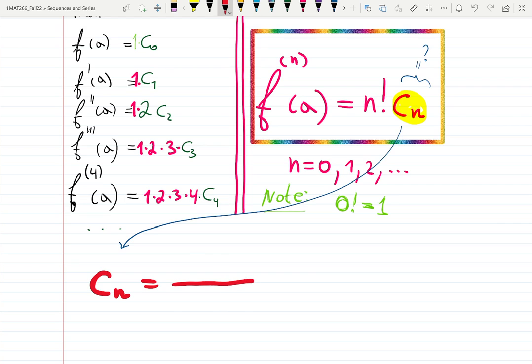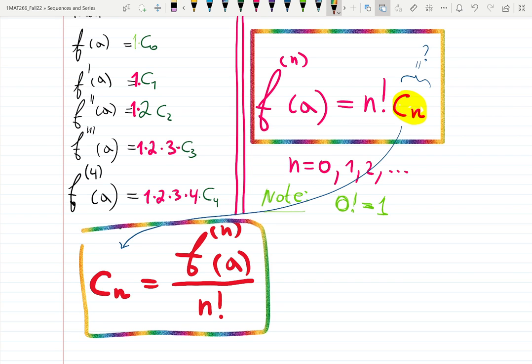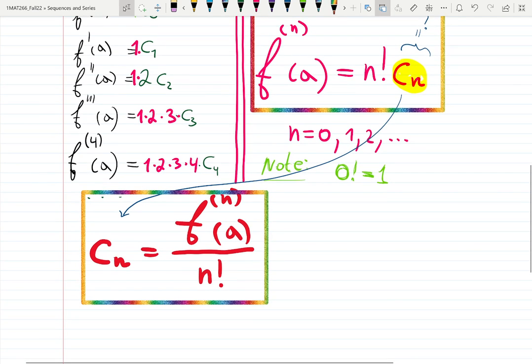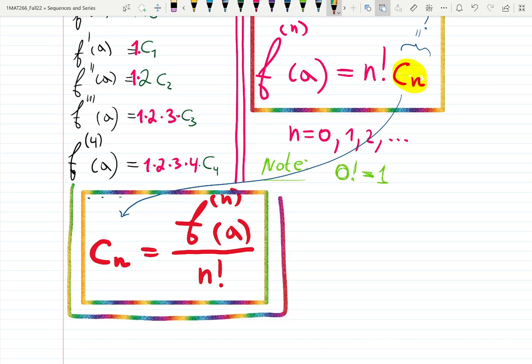It can be found as the nth derivative at the center, a, divided by n factorial. That is the rainbow. That deserves a double rainbow, but I don't want to. Maybe I can. Let's see. Yes, double rainbow.